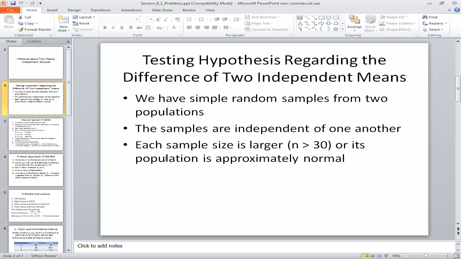This would be like maybe you're comparing one town to another town, picking random samples from them and wanting to test a claim, whether the average age of this town is greater than this town. Samples are independent of one another. Each sample size is large, n is greater than 30, or its population is approximately normal.